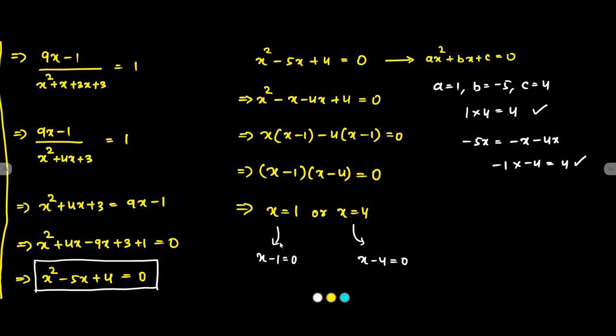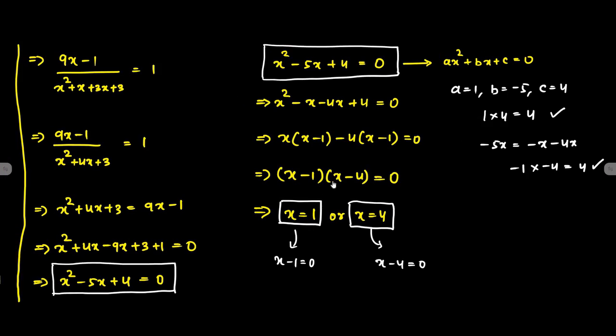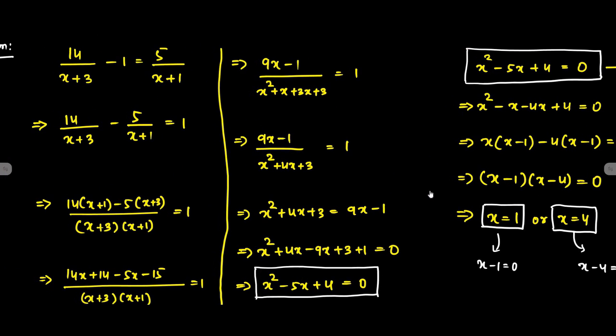Okay, so x is equal to 1 or x is equal to 4. These are the two possible solutions, possible roots of the given quadratic equation x square minus 5x plus 4, which we got from here.